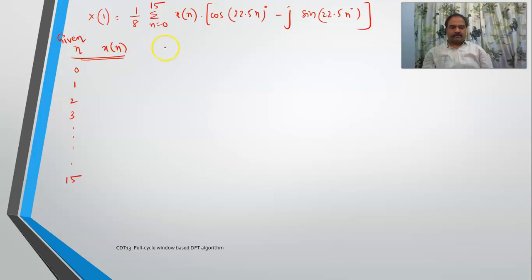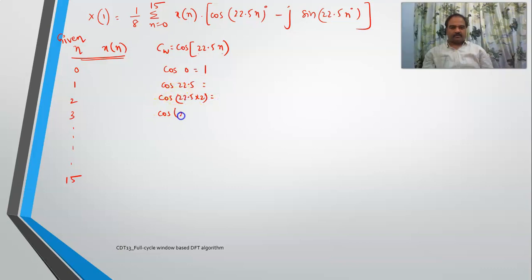Now what you will be doing is you will be calculating first of all CW, which is equal to cos 22.5 n, right? The n value will be varying from 0 to 15. So in this case it is cos 22.5 times 0, which is 1. In this case it is cos 22.5, you will get some value. Here it is cos 22.5 into 2, which is some other value.